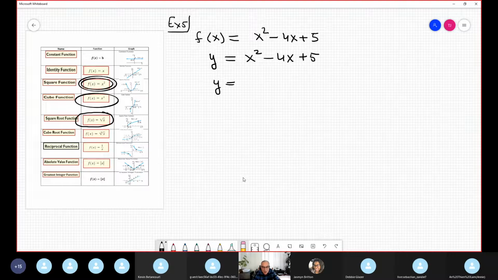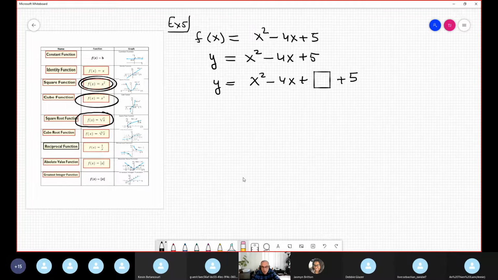Okay, after that, I complete the square. For example, x squared minus 4x plus 4. And remember the magic number to complete the square. And 5, well, I don't know. See, 5 stays here, or you move it to the other side, either way.